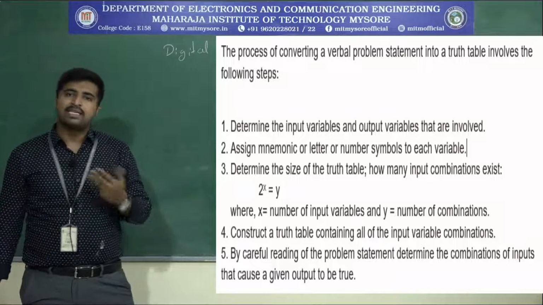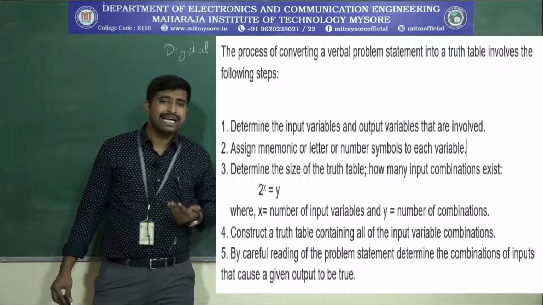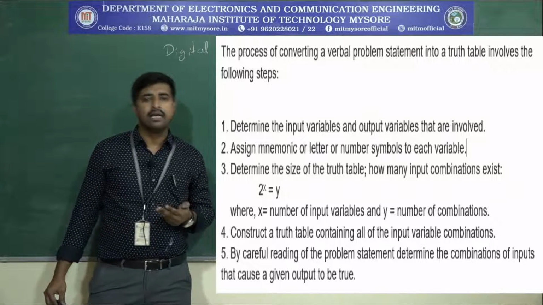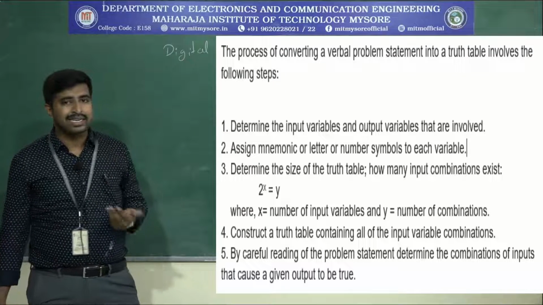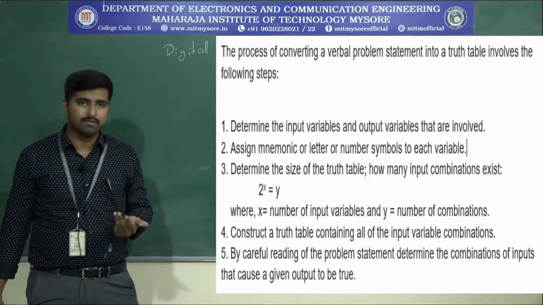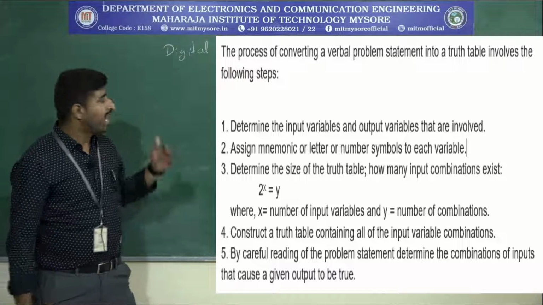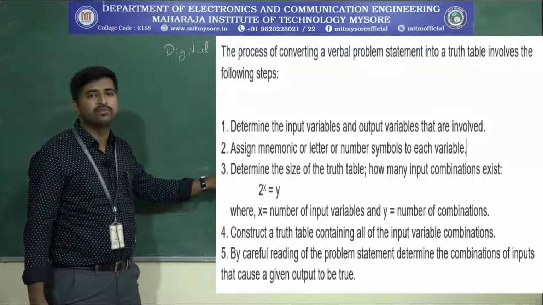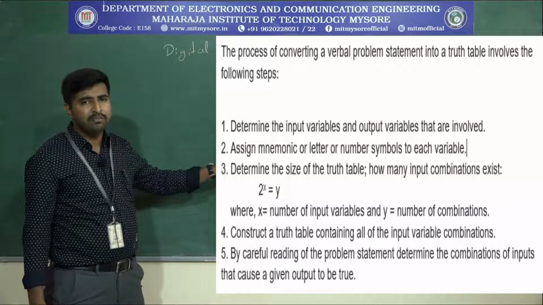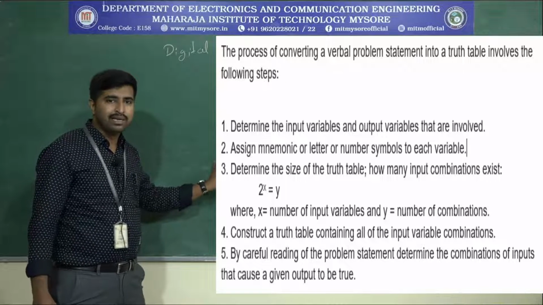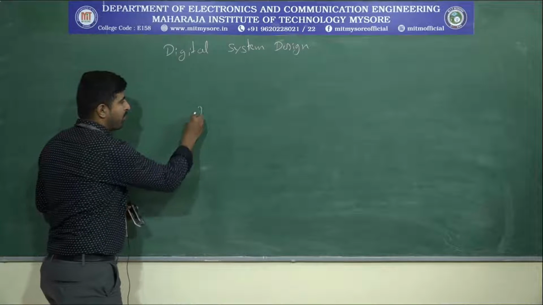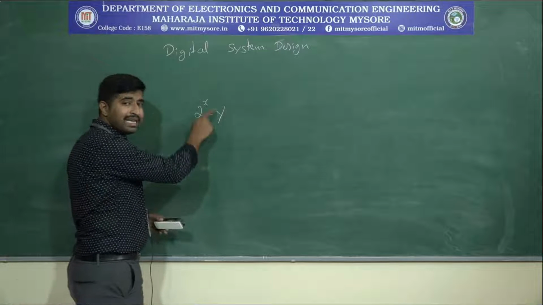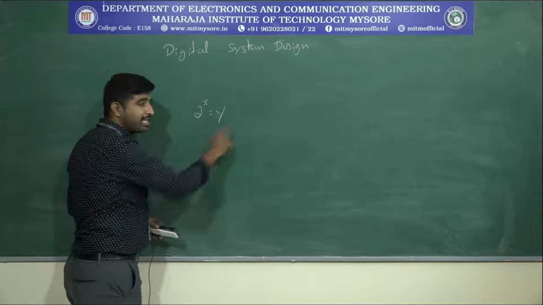The second is to assign labels, that is, assign mnemonics, symbols for the variables we are going to take as input and output. Then we see how many combinations of the inputs there will be, according to the number of inputs: 2 to the power of x equals y. Then we construct the truth table and write the output.